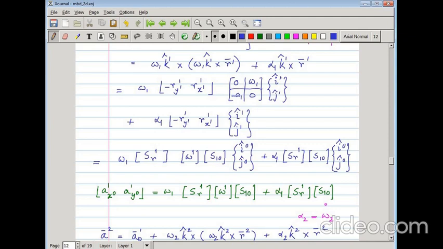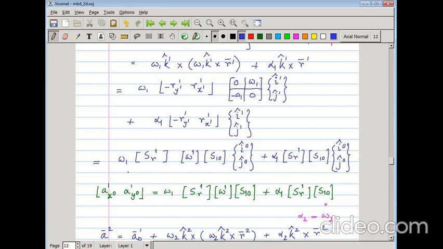Since this is with respect to i1 j1, because R1 y1, R1 x1 are expressed in coordinate system x1 y1 and the unit vectors are i1 j1, this i1 j1 has to be converted to i0 j0, so it is pre-multiplied with S10, and for this again S10.